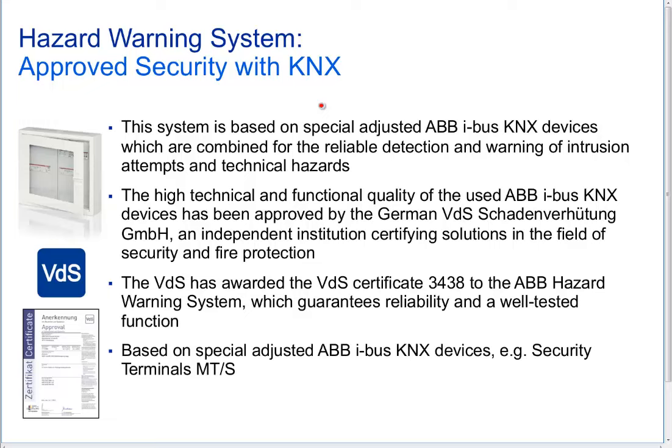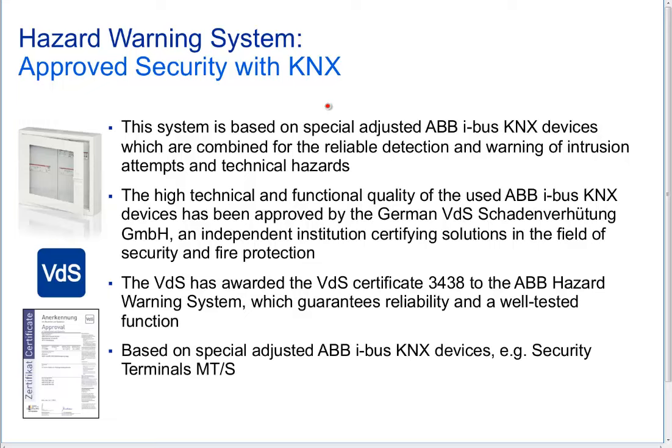We tried to get approval from this VDS for KNX, and it was a long and hard way, but now we have reached this qualification, and KNX is also approved by this German VDS. This is the institution for certifying security products for intrusion or for smoke.